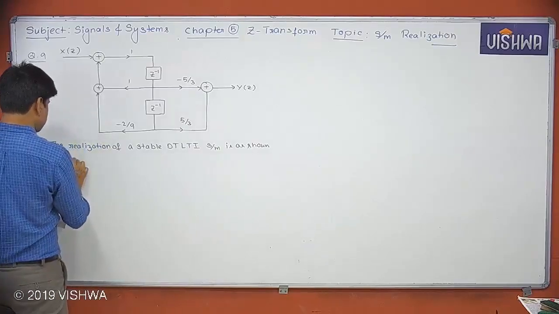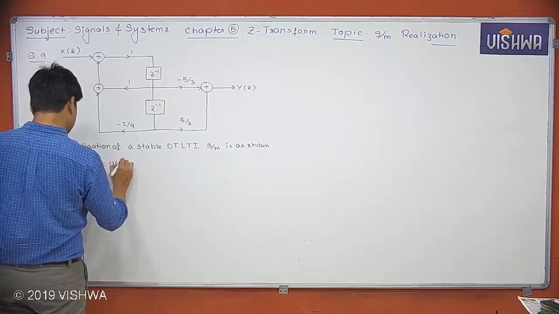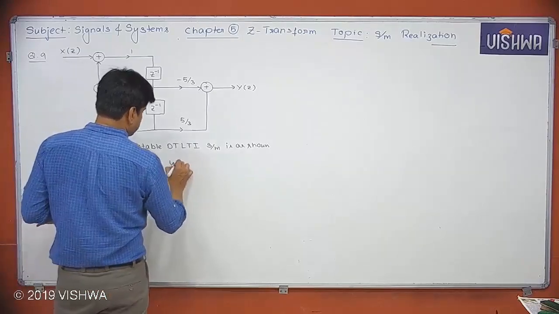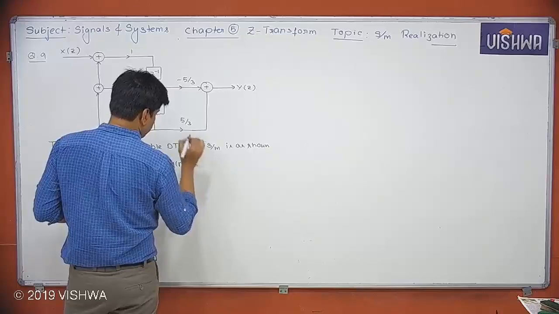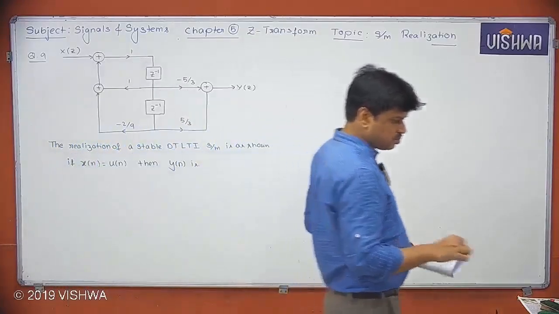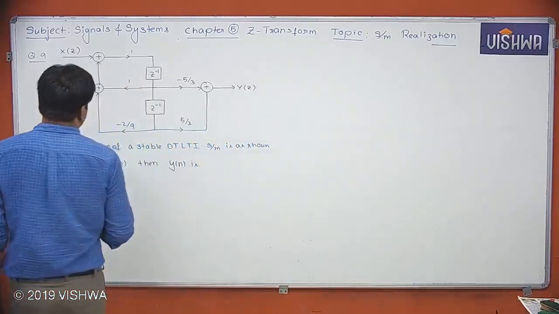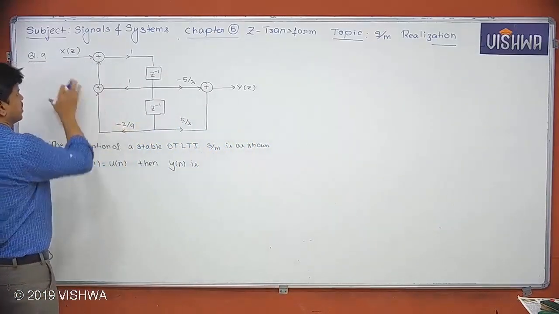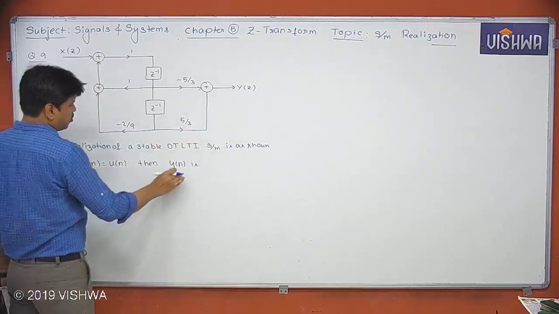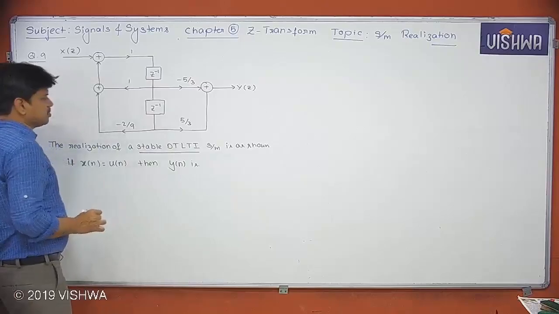If x of n is equal to u of n, then y of n is? So try to understand. They have given the block diagram with x and y, and they have given x of n, and they want us to find y of n, and they have given one clue also, stable LTI.